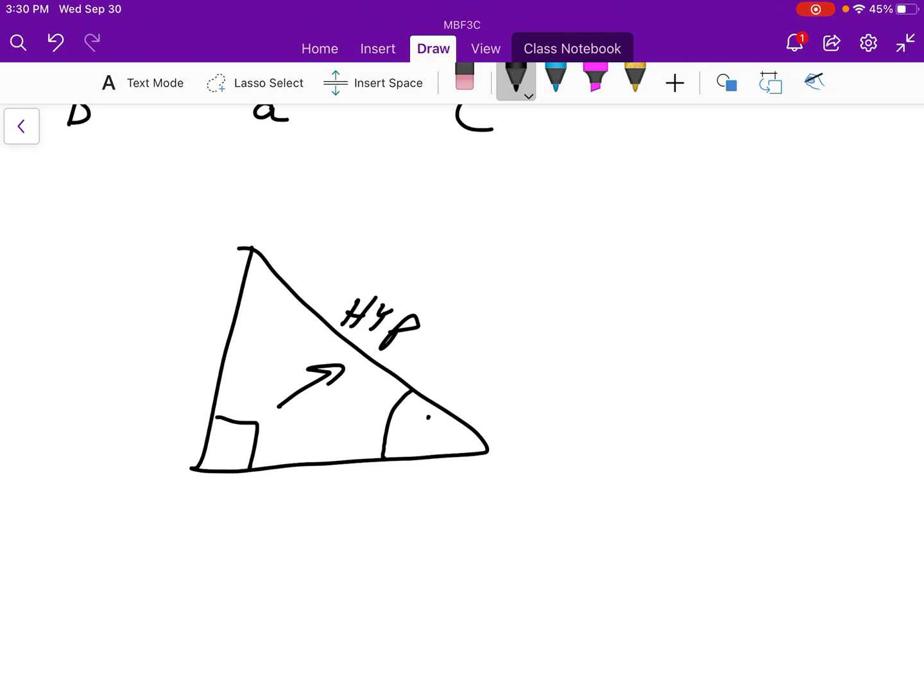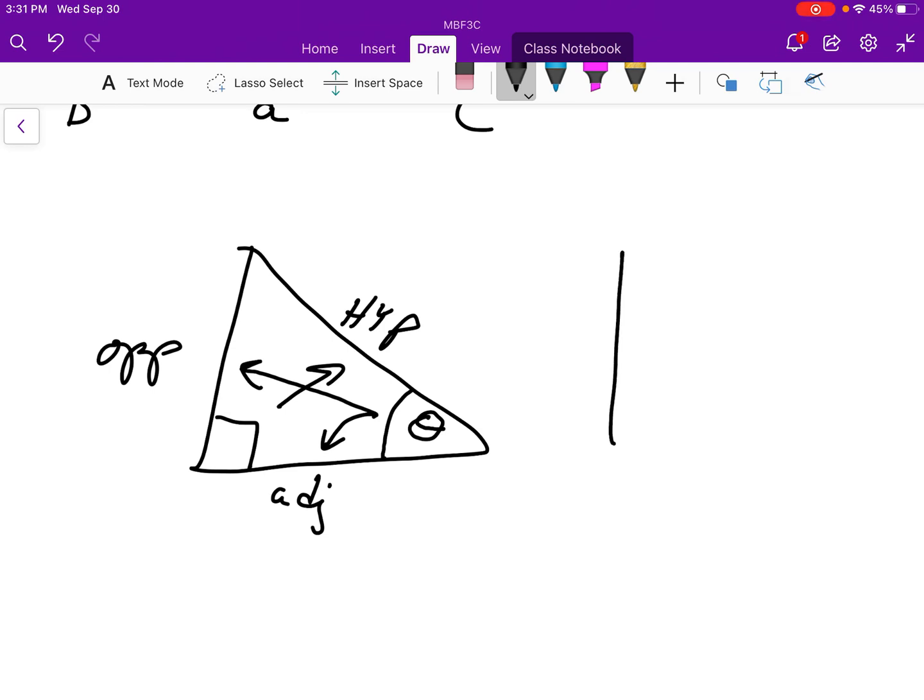If we have an angle here, and this symbol is theta, a Greek letter we use a lot, we ask what is opposite the theta angle? We call it the opposite side length. The one right beside the theta angle is called the adjacent side length. We're going to use those terms in our trig ratios.